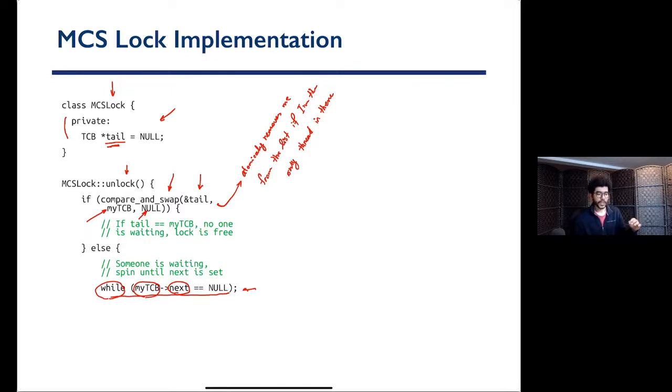But for now, let's say that my next could be null for a couple of times, even though this has returned unsuccess, meaning that even though the tail was pointing to someone else, my next might still be null. And this happens because people are going to add themselves to the list, meaning that they're going to change the tail atomically.